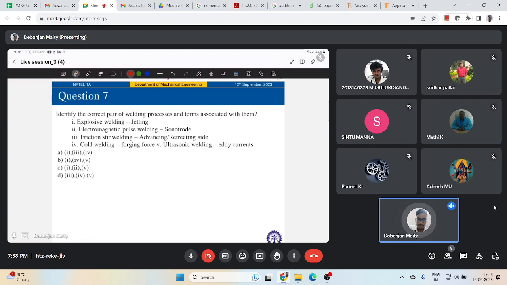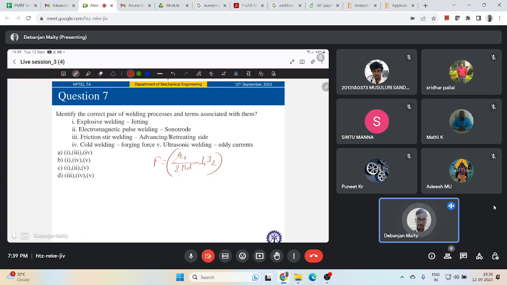So what is happening in electromagnetic pulse welding? What is the principle of operation? It follows simply Ampere's law, right? The current carrying conductors, when placed nearby, exert some force on each other. The magnetic field is getting created. There is an equation F equal to mu naught by 2 pi d into I1 I2.